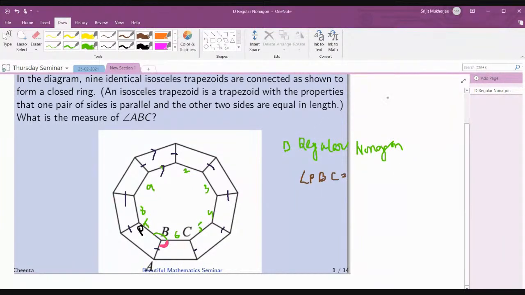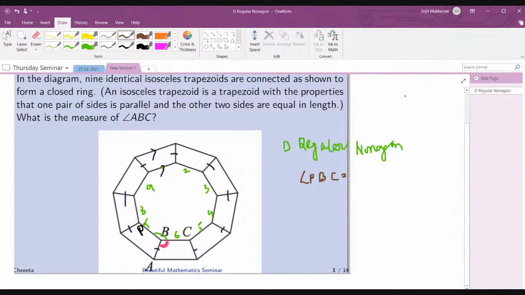So how do you find an angle? If you divide any n-sided polygon into triangles, you will get n minus 2 triangles. And the sum of those angles is essentially equal to the sum of these angles.